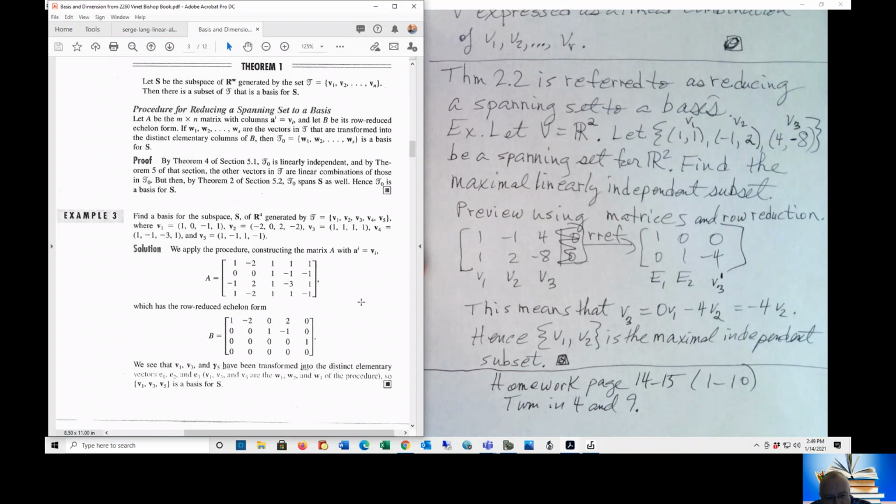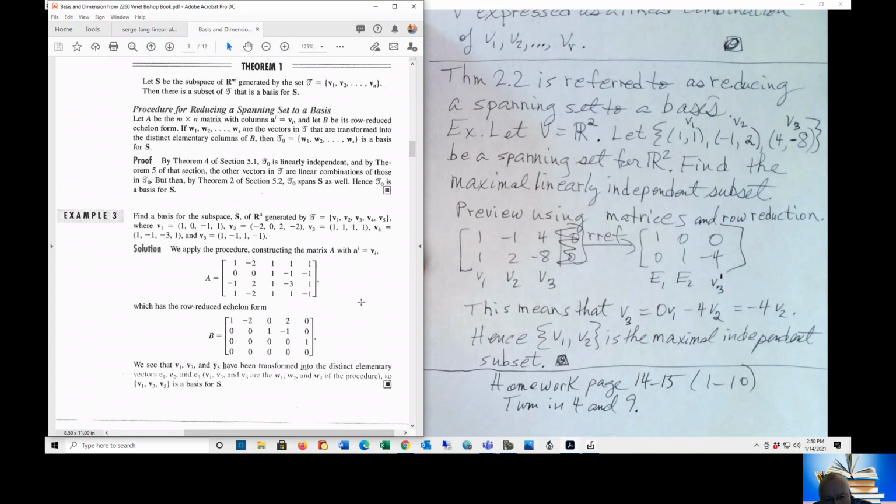You take the vectors that were given in R4, write them as the columns, not rows, columns of your matrix, row reduce it to reduced row echelon form, and then you notice that vectors v1, v3, and v5 correspond to elementary vectors, where v2 and v4 are non-elementary.